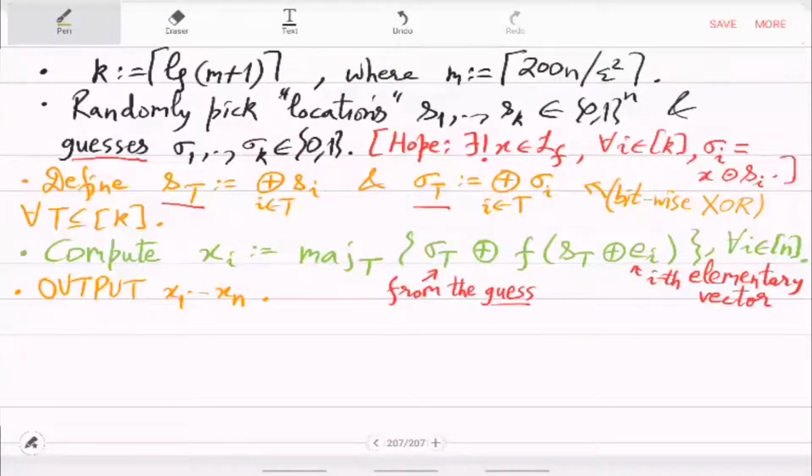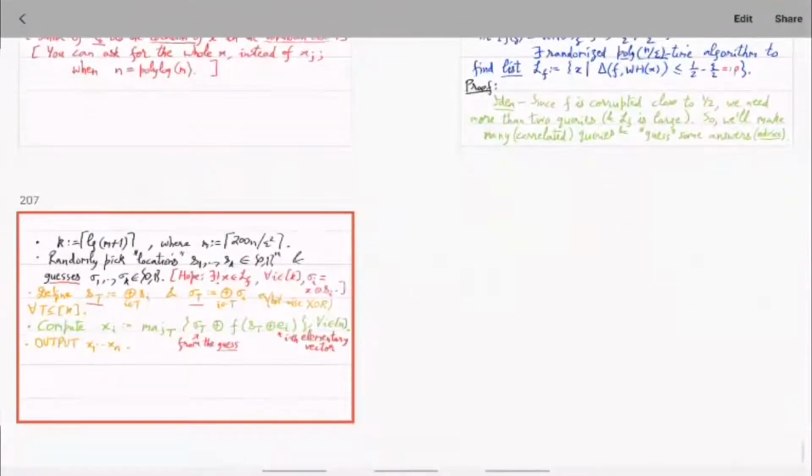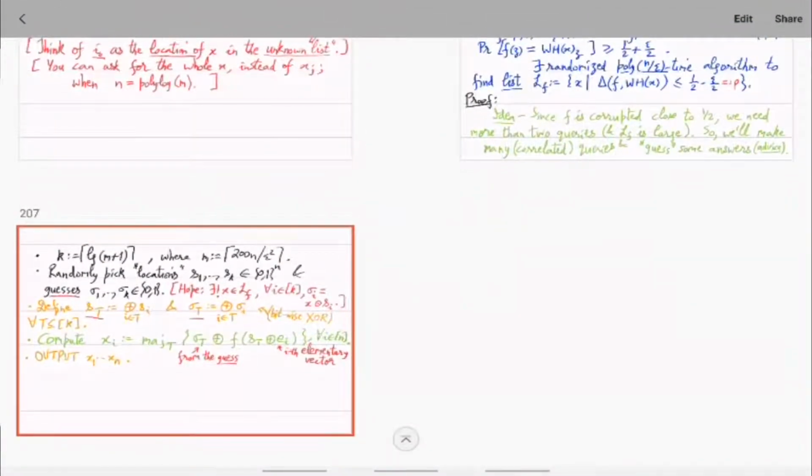Now you can repeat this experiment or this subroutine. When you repeat it, you will make a different guess, sigma 1 to sigma k, and you will output another n-tuple x1 to xn, and so on. So if you repeat it enough, then hopefully you will get the whole list. That's the idea.